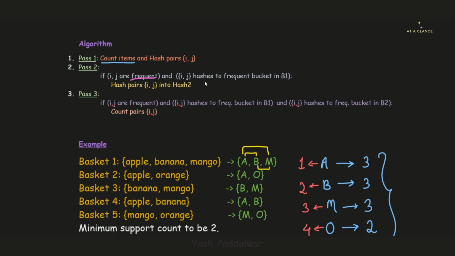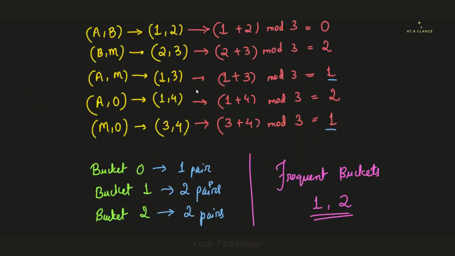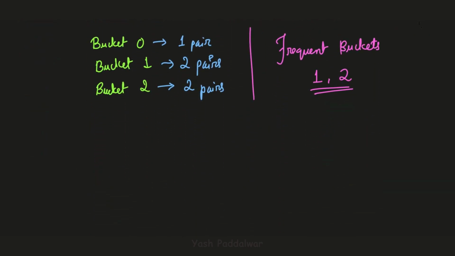We have already found out whether a particular item is frequent or not, and whether a particular pair belongs to a frequent bucket or not. So let's hash the pairs which satisfy these two conditions into a new hash table. So now we are going to talk about pass 2.